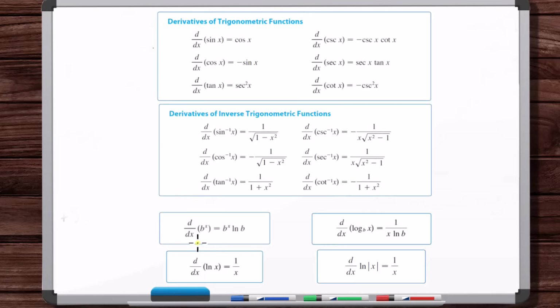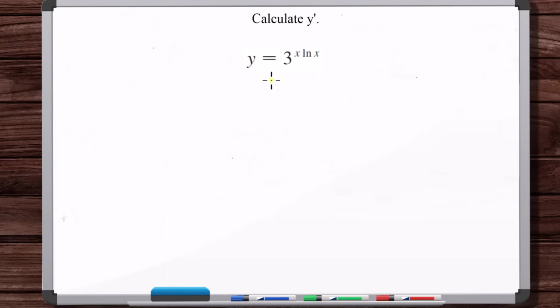The derivative of some number to the x power is b to the x times natural log of b. So the derivative of 3 to the something power using the chain rule is just rewrite 3 to that something and then times natural log of 3. Okay, now times the derivative of that something.